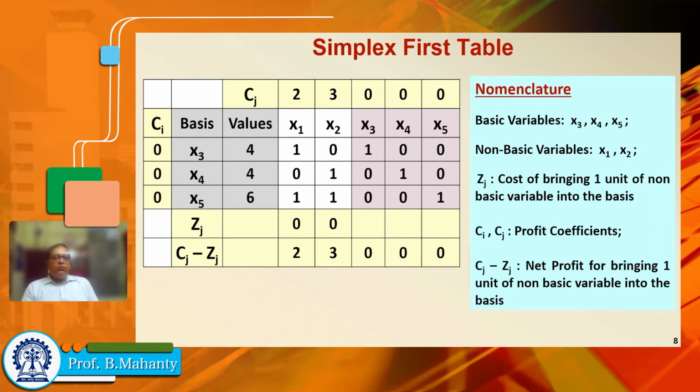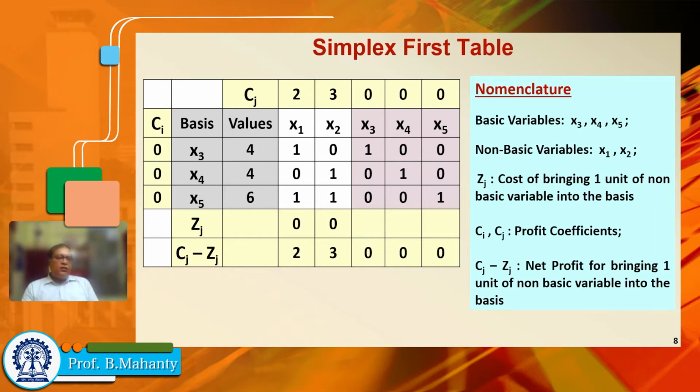So the new solution will be x1 equal to 1, x2 equal to 0, x3 equal to 3, x4 equal to 4, and x5 equal to 5. What has happened? The 1 unit of x3, 0 unit of x4, and 1 unit of x5 has been given away. Since that much resource is taken away, it will make an impact on the profit.